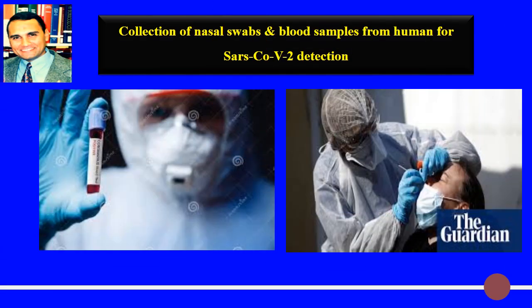Collection of nasal swabs and blood samples from humans for identification of the presence of SARS-CoV-2 virus helps in detecting the origin of the virus, whether it is from animal or man, and sequencing of this virus will help in the discussion about the origin of the virus.